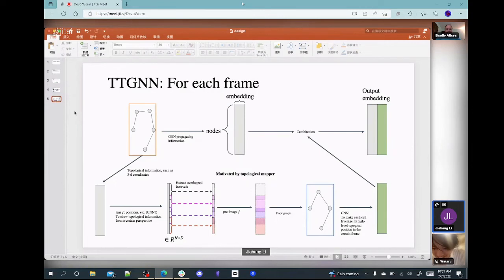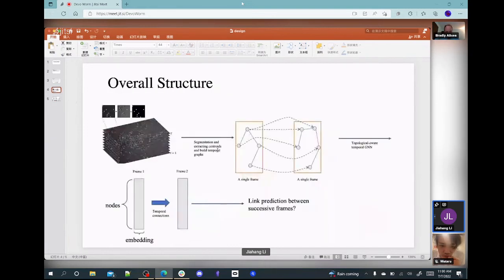So, this is the last slide, which is the TT-GNN, and the TT-GNN will be employed on each frame, I mean the graph of each frame. Like what I said, these temporal connections will be operated by the recurrent neural network.